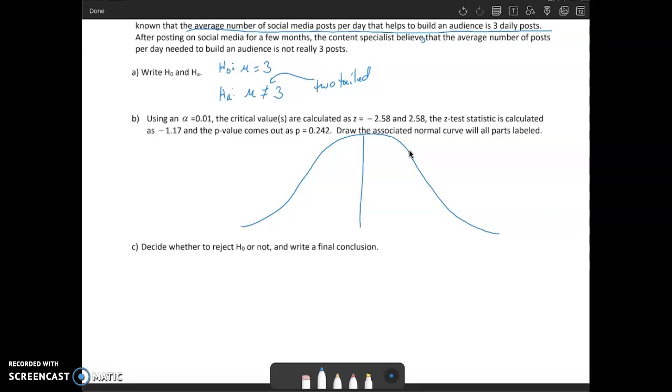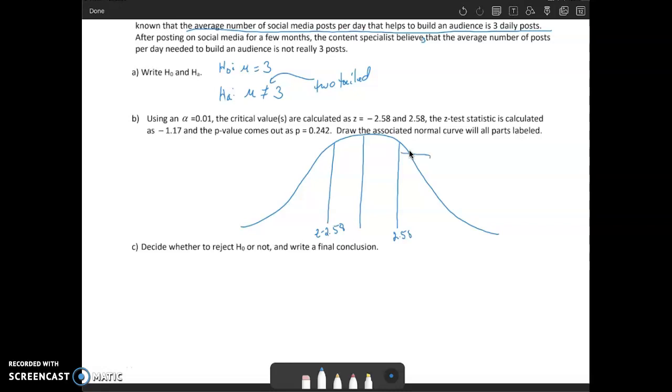So let's see, we've got our critical values of negative 2.58 and 2.58. If it's a two-tailed test, they'll always be the same values, plus and minus.